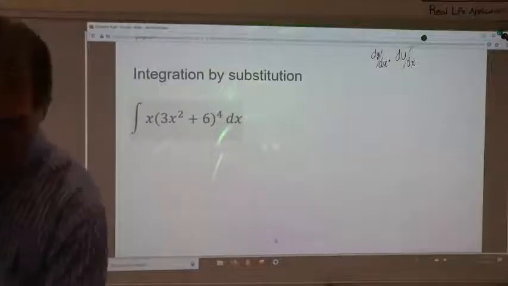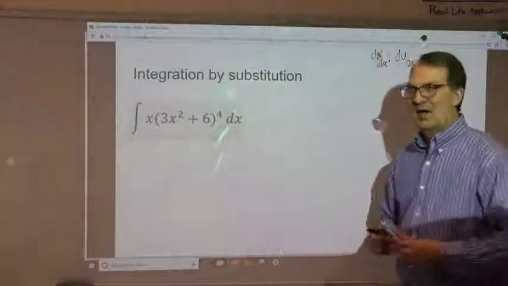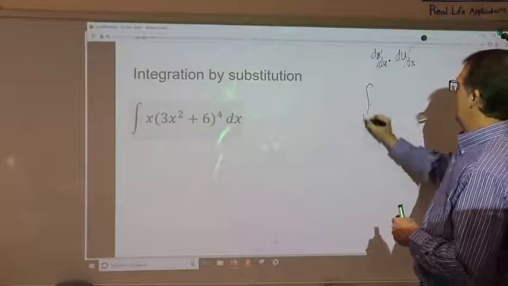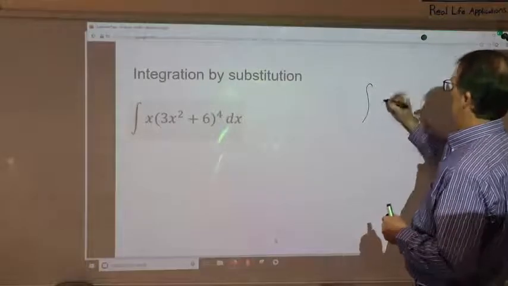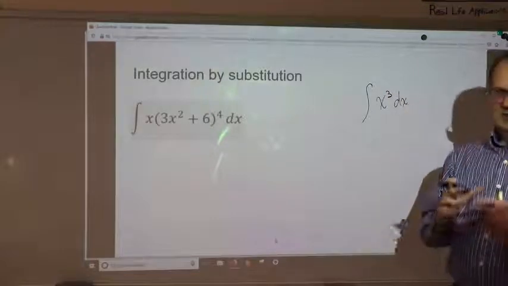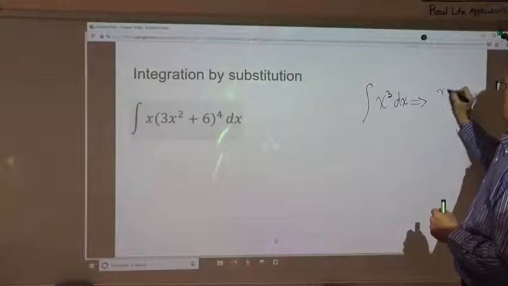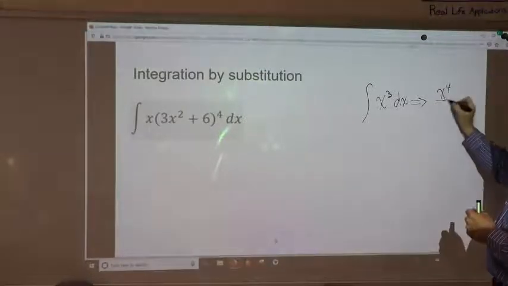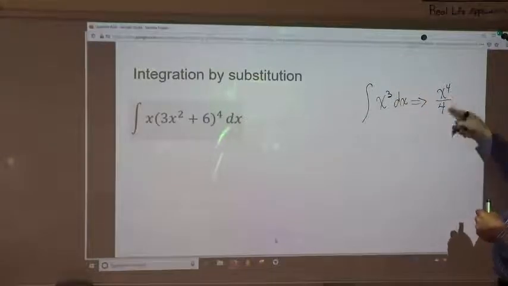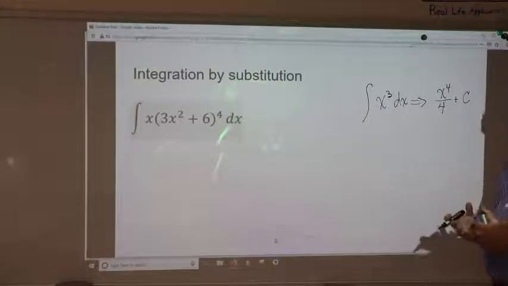Integration by substitution is essentially trying to make things simpler for you. If I asked you what is the integral of x cubed, then I would expect that you could tell me right away: add 1 to the exponent, divide by that new exponent, add c on to the end.